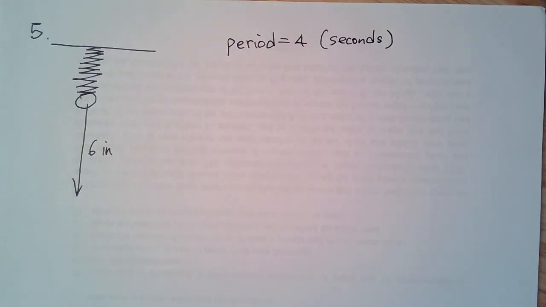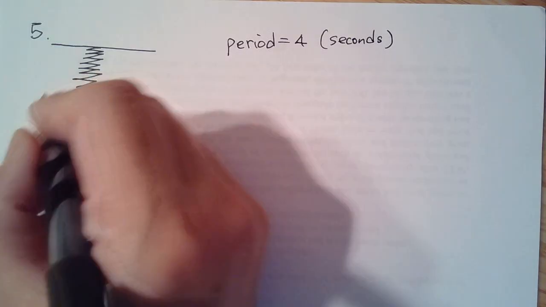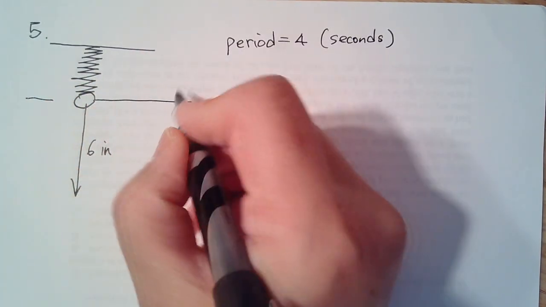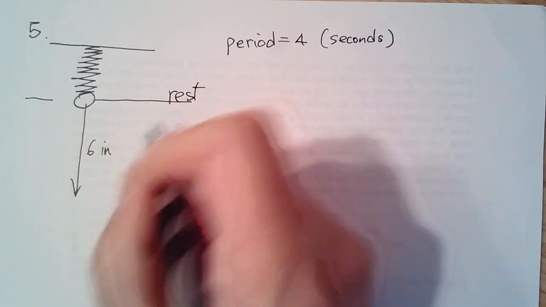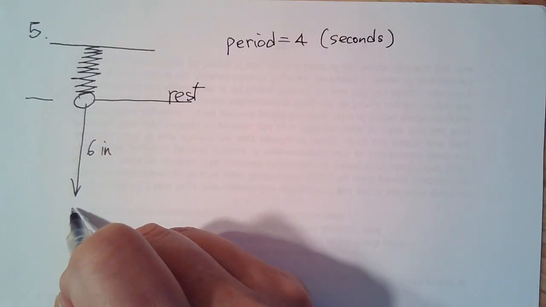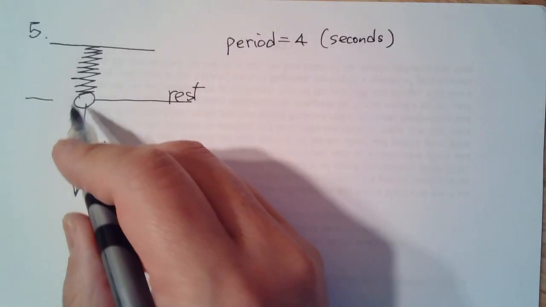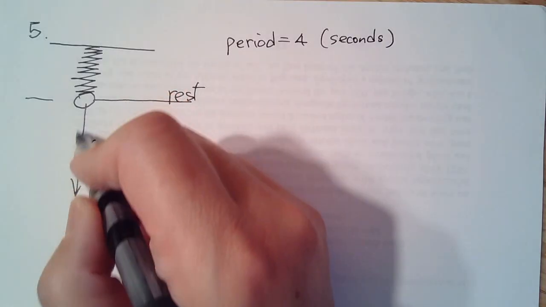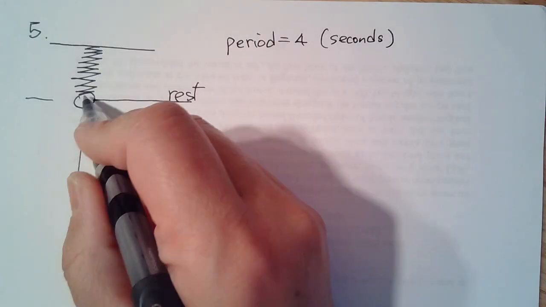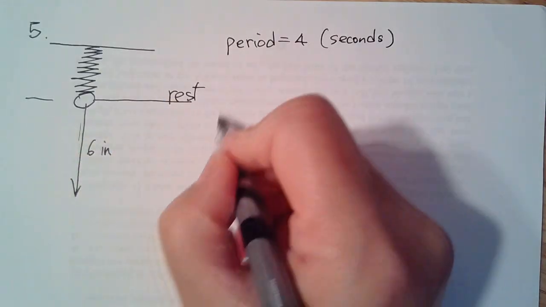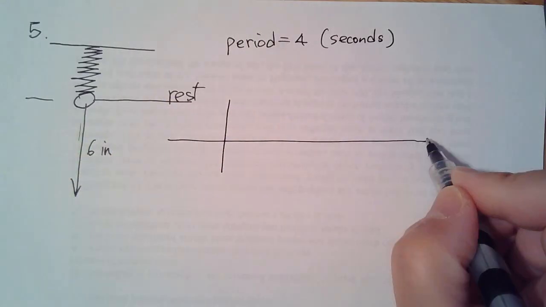Write the equation for the ball's simple harmonic motion. So let's say this is the rest position. What happened after you pull it down by 6 inches and you release? The ball is going to go back and then down, up and down, up and down, right? Keep going. So the graph will look like this.